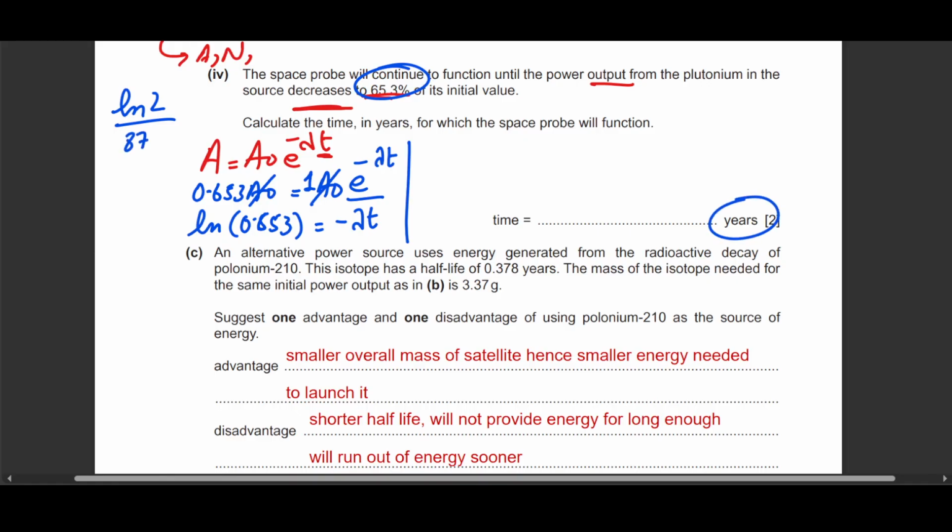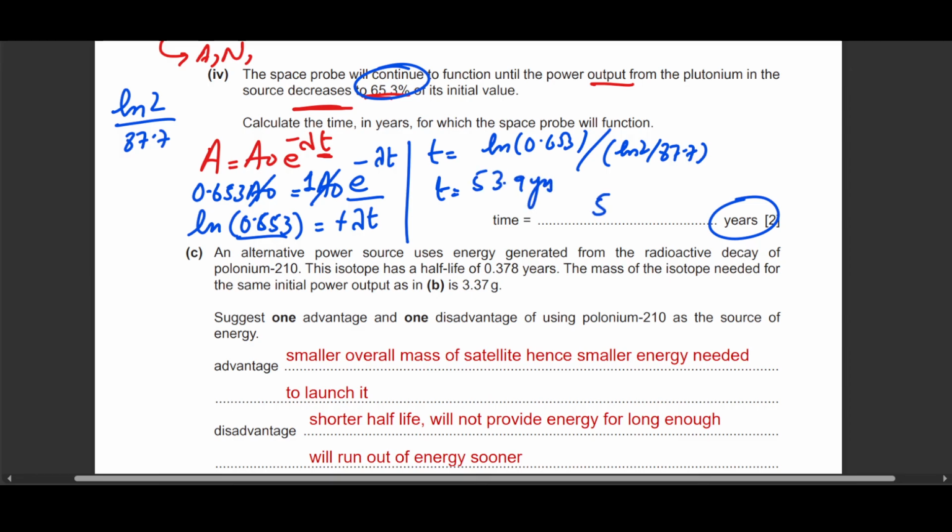So this t is now equal to, the negative cancels out automatically because the answer is going to be negative as well, ln of 0.653 divided by ln 2 divided by 87.7. So this is going to be t. t comes out as 53.9 years.